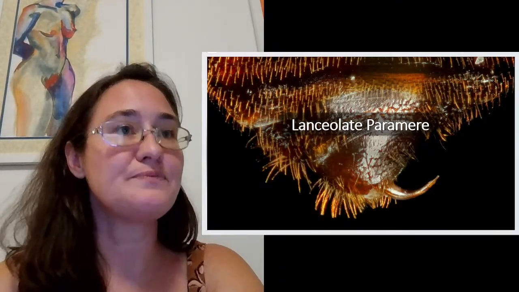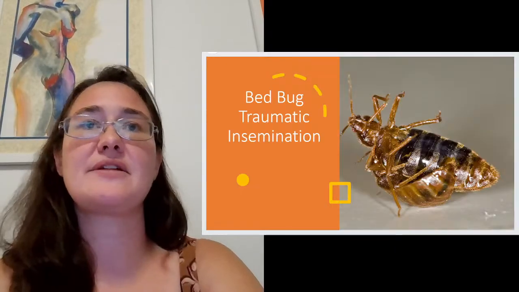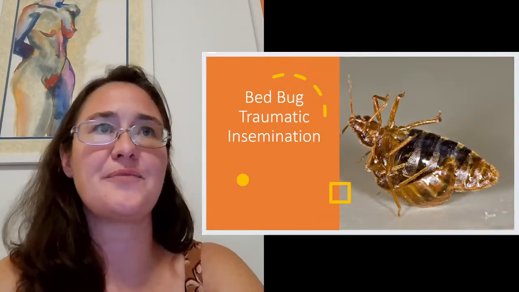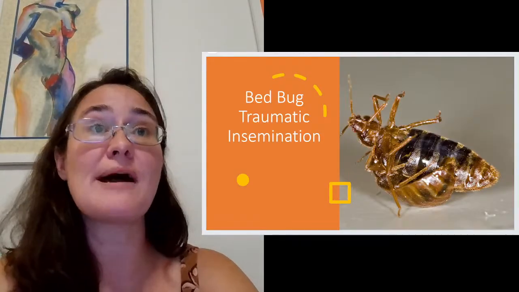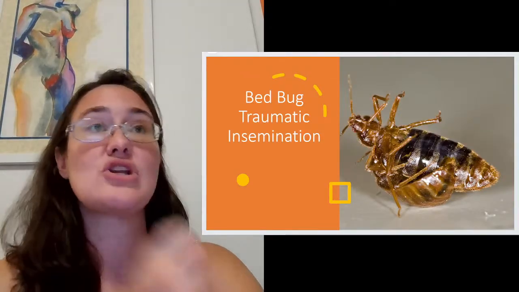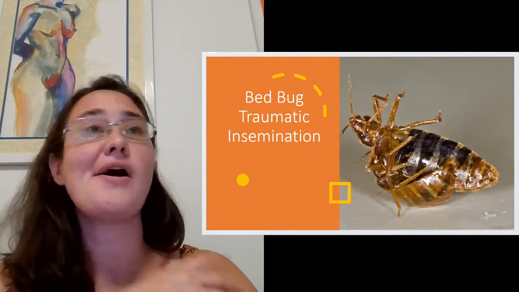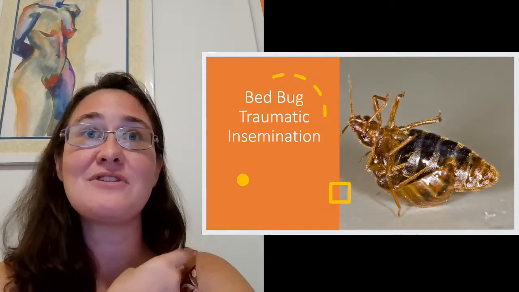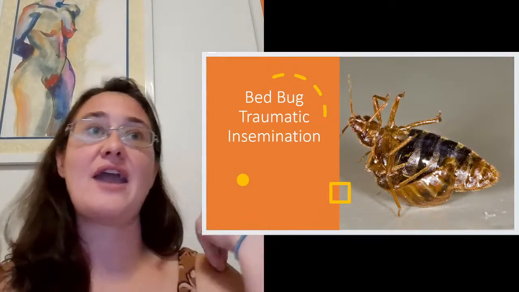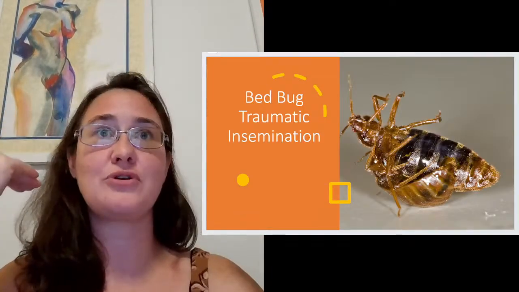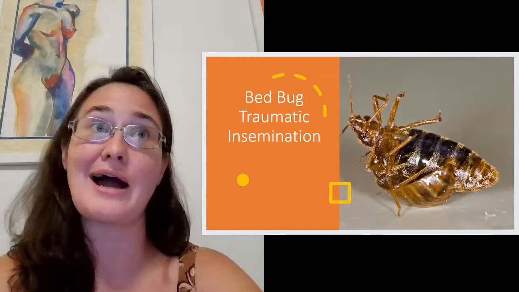The male is going to be slightly smaller than the females. Not by a huge amount, but it is a noticeable difference between males and females. And as a side note, the difference between a bed bug and a bat bug is the length of the hairs around the edge of the pronotum in comparison to the diameter of their compound eyes.